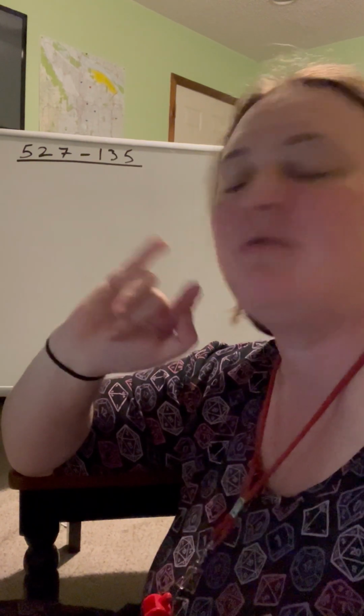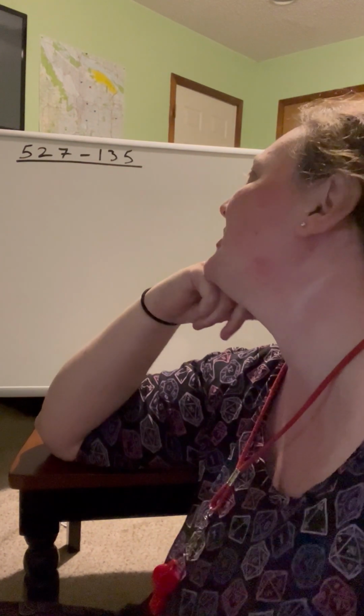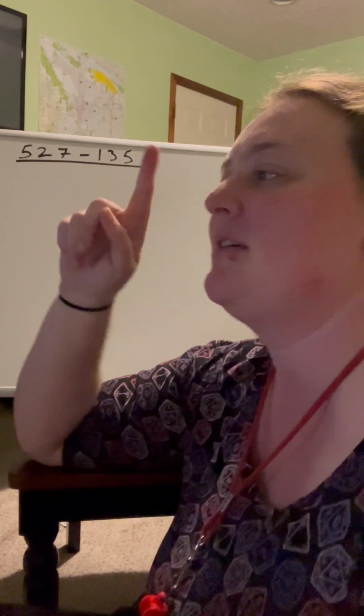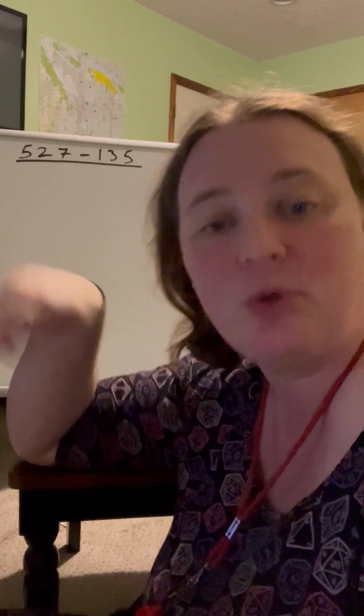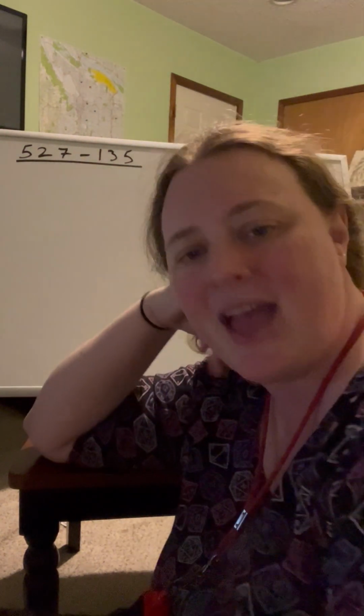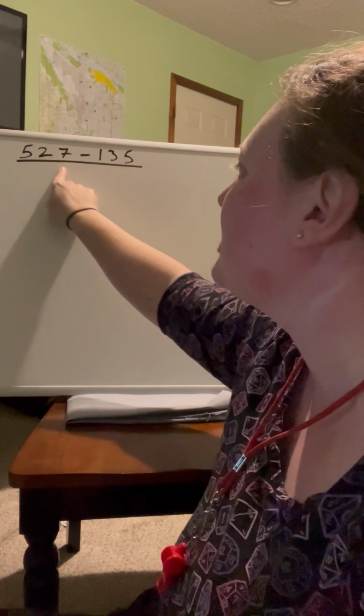We are revisiting this little math problem right here, 527 minus 135. Now, we did submit a video about this previously, but in that video, I kind of ignored what it means for each of these digits.